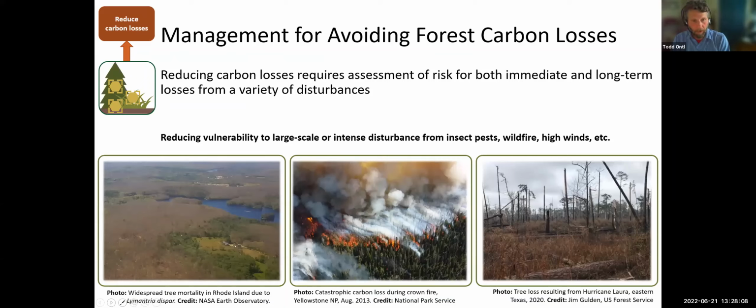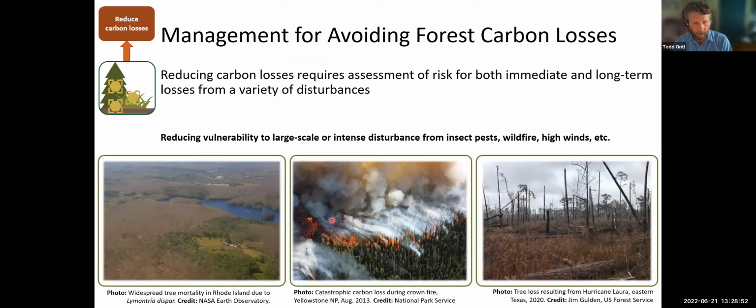Another really important consideration for management to avoid forest carbon losses is thinking about large scale or intense disturbances. And this really is very dependent upon where you are in the world, what the climate change impacts are, and what those really important disturbances are that might impact your region. On the left, widespread tree mortality in Rhode Island from spongy moth, which is an economically important forest pest.